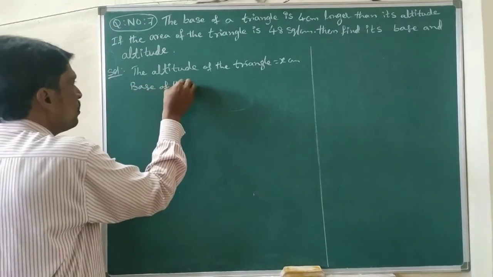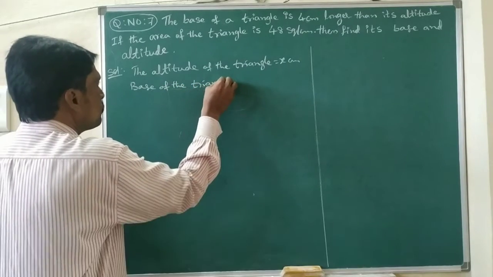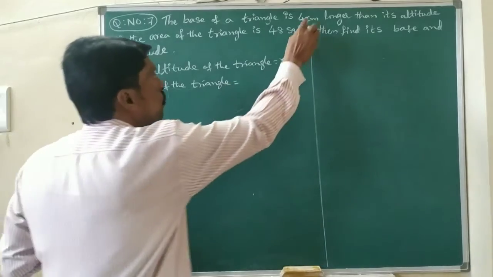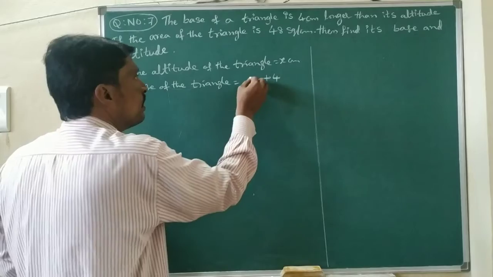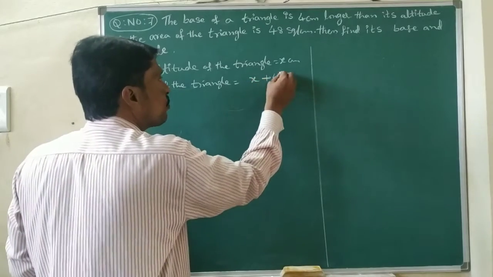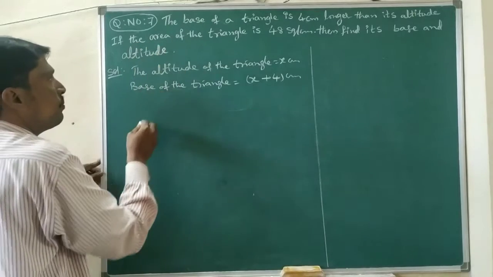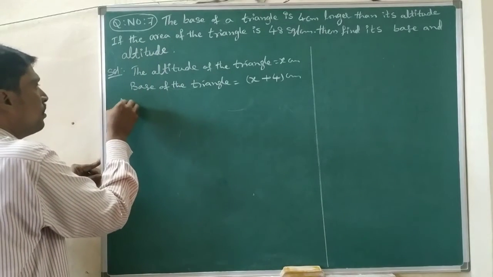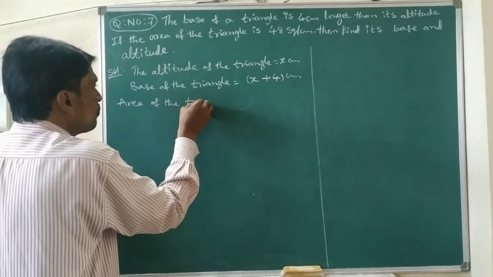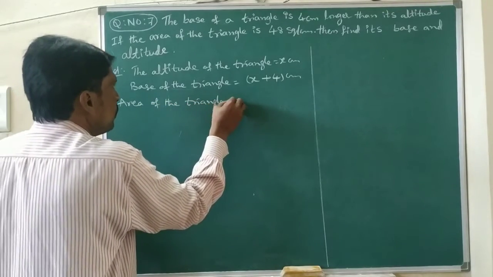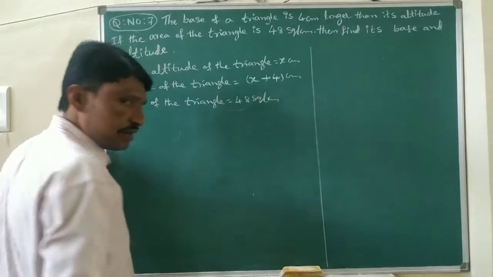Base of the triangle equals 4 more than its altitude, means x plus 4 centimeters. And it is given that the area of the triangle equals 48 square centimeters.